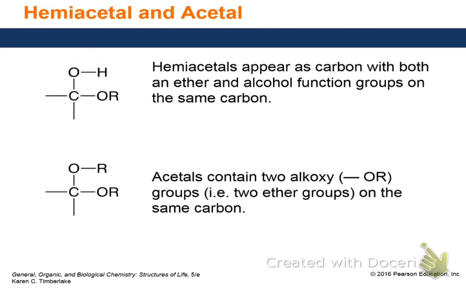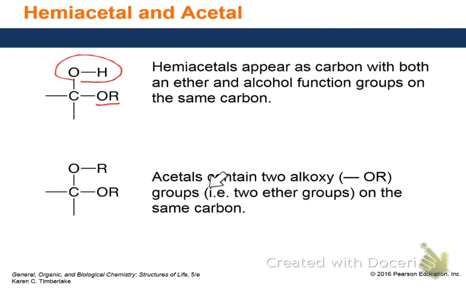So let's start up here and look at hemiacetals. It says they appear as a carbon with both an ether and an alcohol functional group on the same carbon. So this is the ether, and this is the alcohol. The acetal bond is actually the C-O-R bond, right?